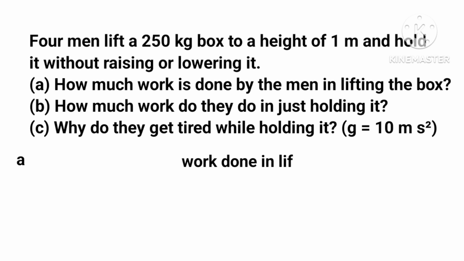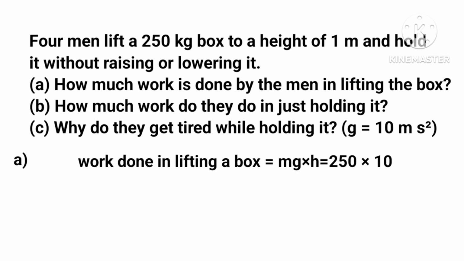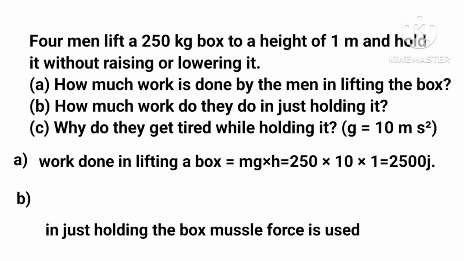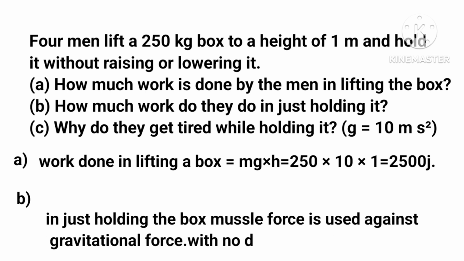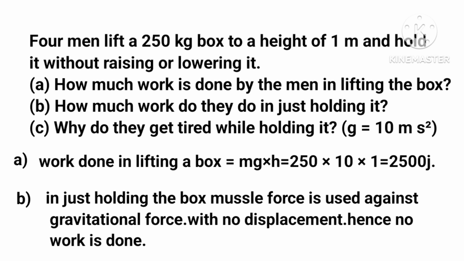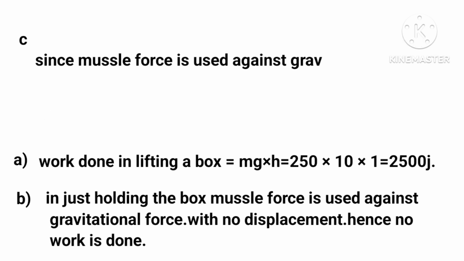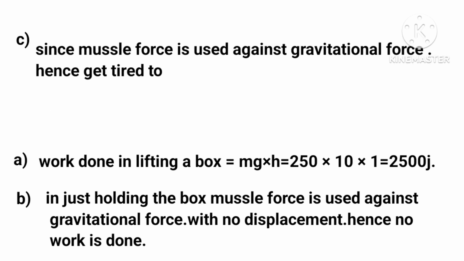Work done in lifting the box equals mgh equals 250 times 10 times 1 equals 2500 J. In just holding the box, muscle force is used against gravitational force with no displacement, hence no work is done. Since muscle force is used against gravitational force, they get tired holding the box.